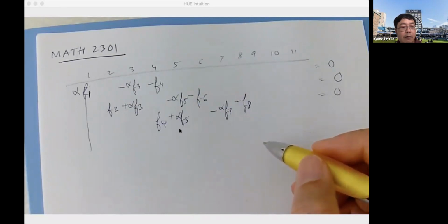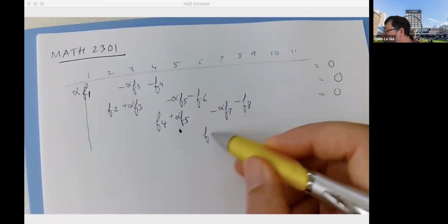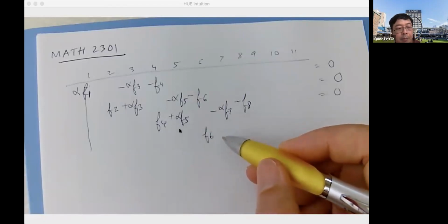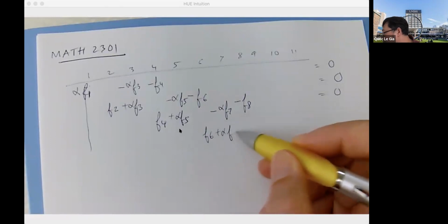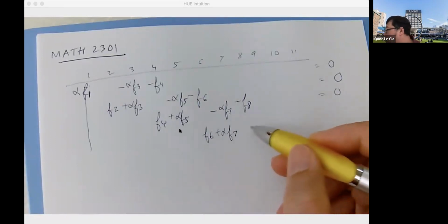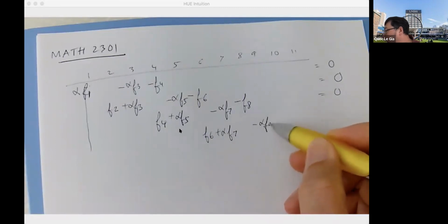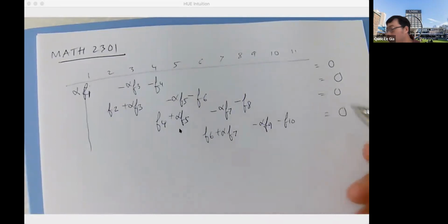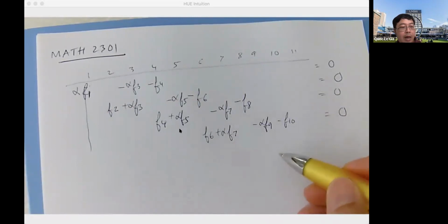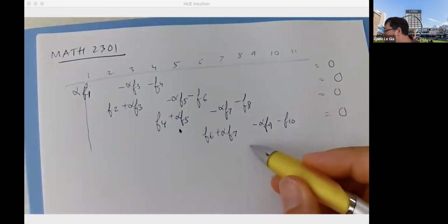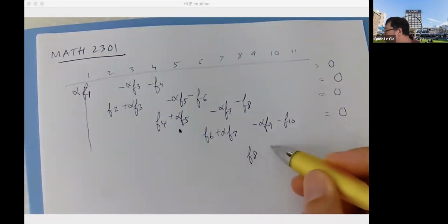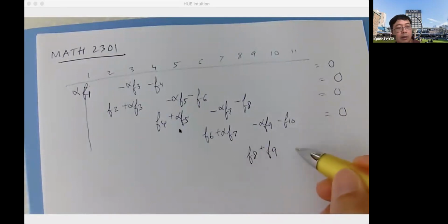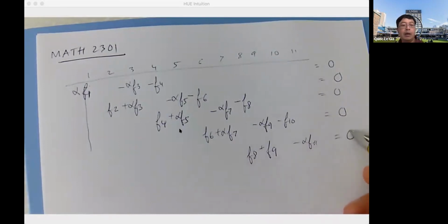Then F6 plus alpha F7, minus alpha F9, minus F10, equals 0. And then F8 plus alpha F9, minus alpha F11, equals 0.